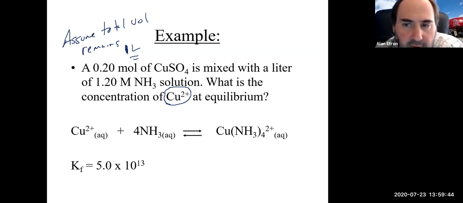So let's talk about how we should approach these problems. As you could probably imagine, it is an equilibrium constant, and that means our favorite thing should come back, which is ICE tables. So an ICE table approach here is probably what you should be doing. So let's take a look at that. Let me rewrite the equation here.